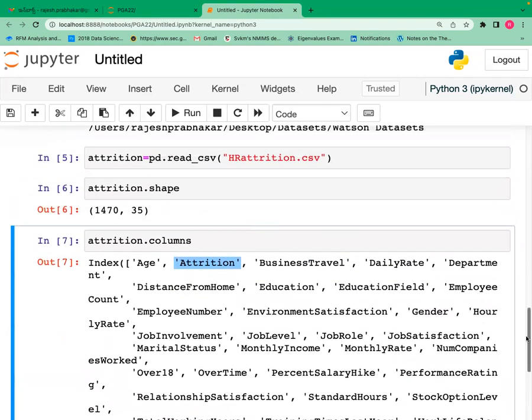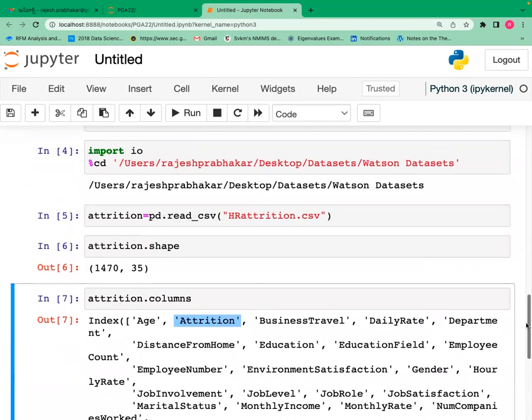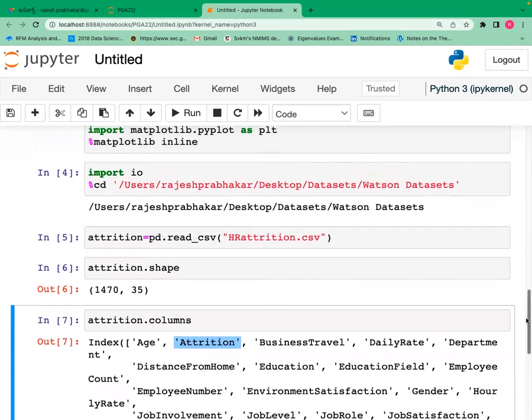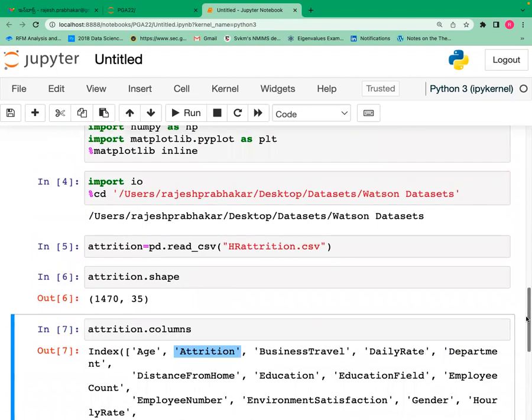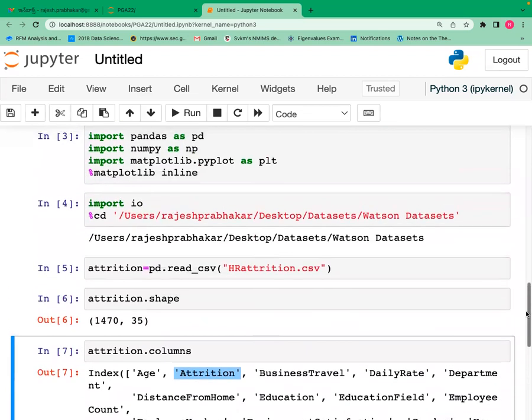Attrition is a dependent variable, which is in the form of yes or no. Now, there might be single value columns. Just check them. There are no missing values. You can't drop them because the number of rows are less. You have to learn them.